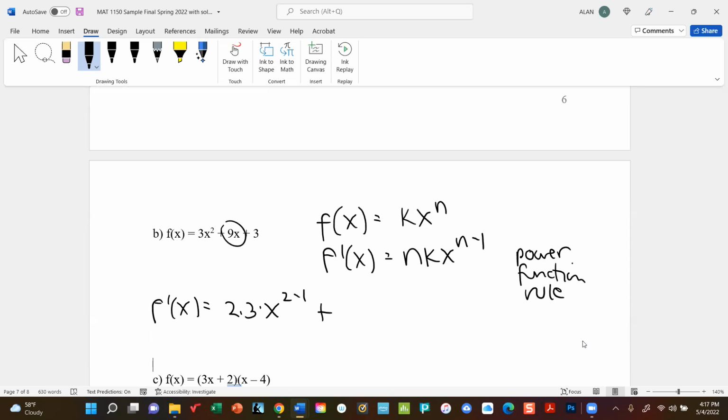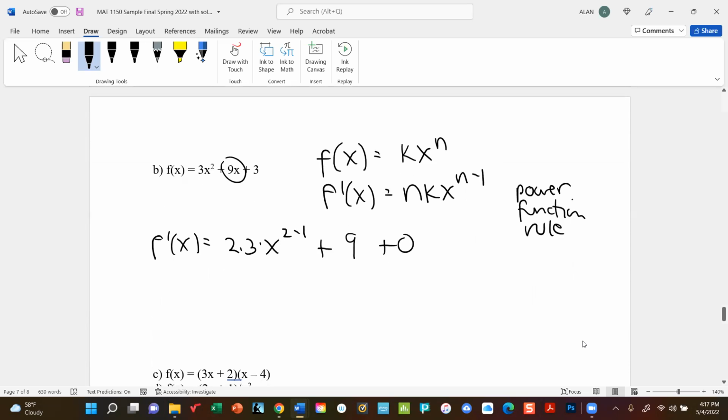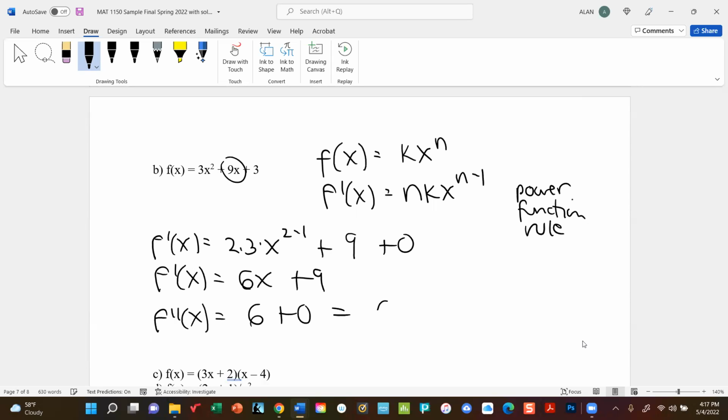Now remember, based on this rule, whenever you have some constant times x, the derivative is just the constant, or the coefficient. The 3 has a derivative of 0. So that leaves us with 6x plus 9. Now the second derivative would therefore simply be 6, because the derivative of 6x is 6, and then here we have 0, so we're just left with 6.